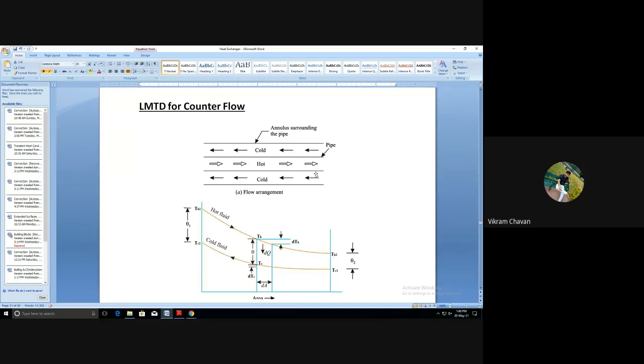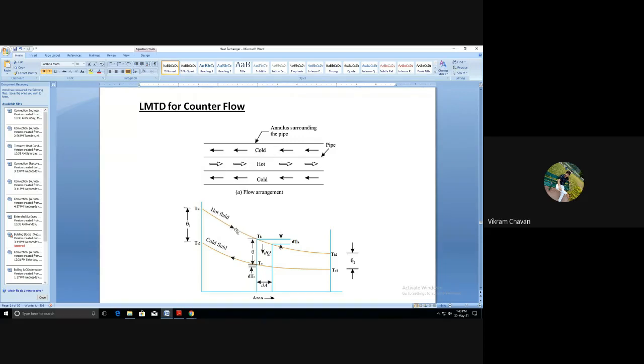So we have to provide TH2 here for the hot fluid. Now the cold fluid enters from this side, so we have to provide the inlet temperature on this side only for the cold fluid. So TC1 we have provided on this side, and it is moving in the opposite direction to the hot fluid.